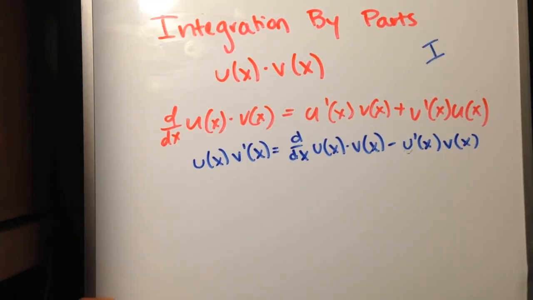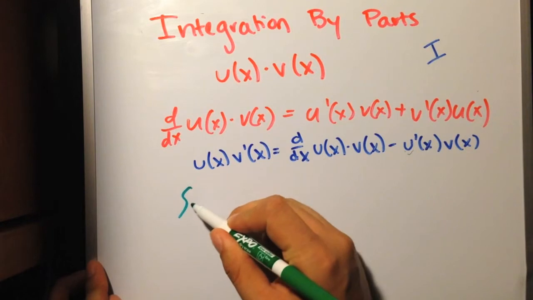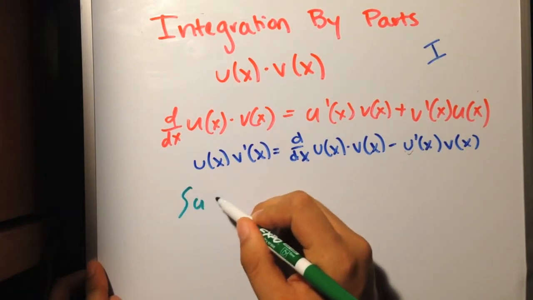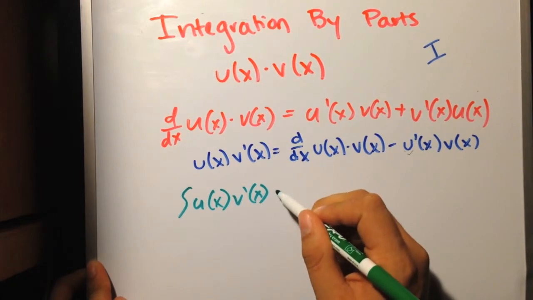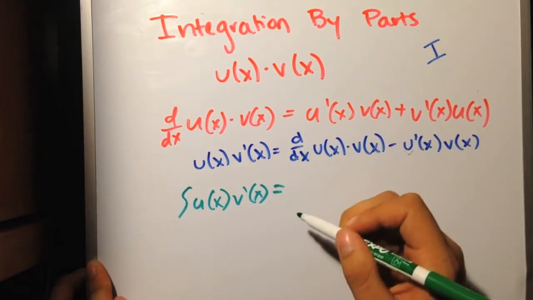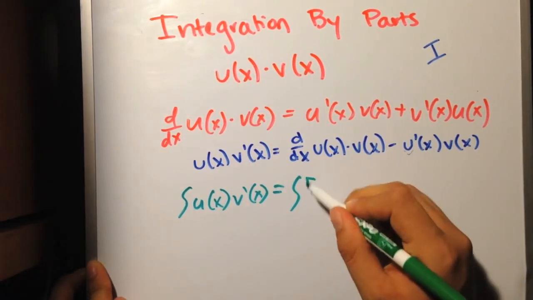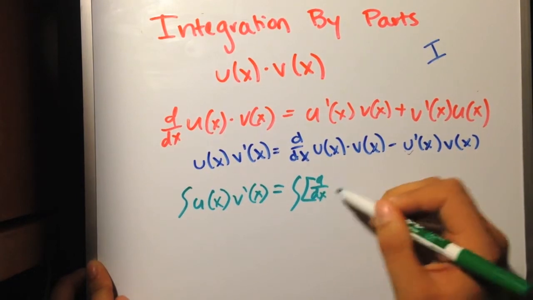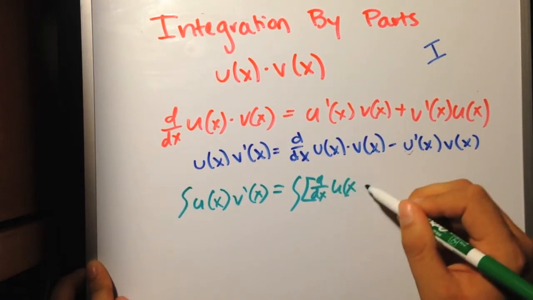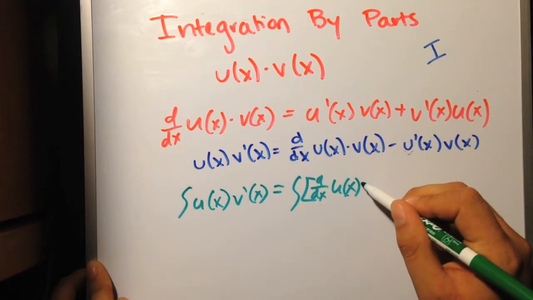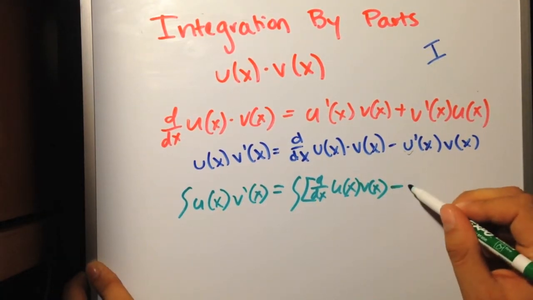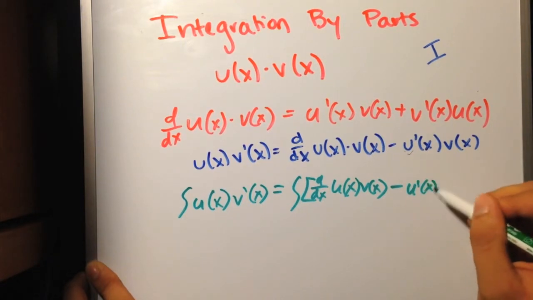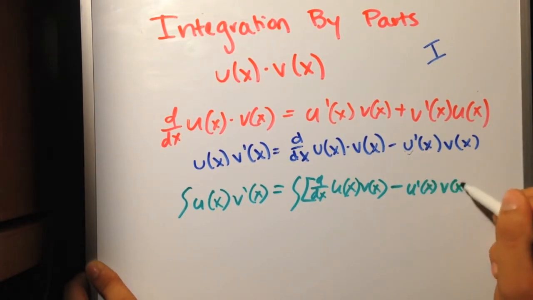Now we integrate both sides. So the integral of u of x times v prime of x equals the integral of the derivative of u of x times v of x minus u prime of x times v of x.